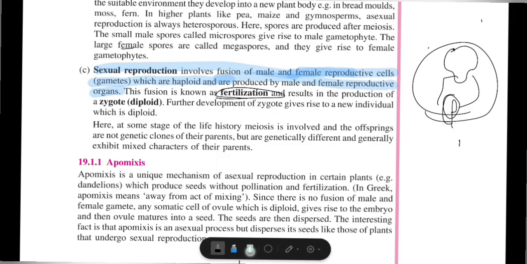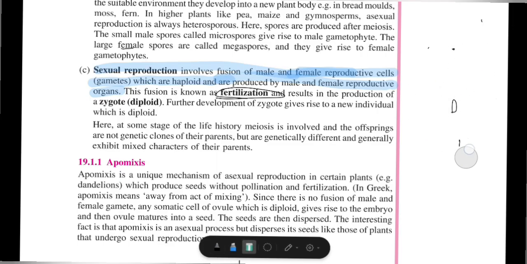For example, here I have the egg, the female sex cell, and here I have the male sex cell, a sperm. Different types of sex cells exist, but here I take a sperm and an egg.